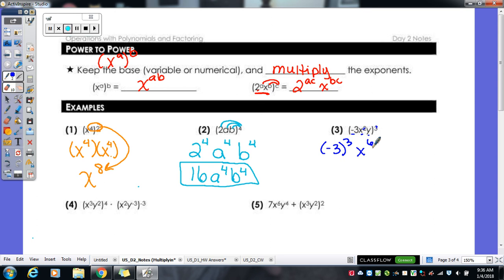So that makes it x to the 6th. And then y to the 3rd, because 1 times 3 makes that a 3. So we just have to clean up our number. What is -3 to the 3rd power? Yeah, -27. So there's our final answer. -27, x to the 6th, y to the 3rd.